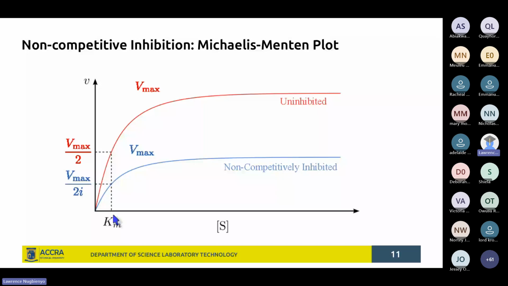So the same concentration of the substrate at which half of the maximum rate of reaction is reached for the uninhibited reaction, that same concentration gives you half of the maximum rate of reaction for the non-competitive inhibition, except that it is a lower value for the inhibited reaction.